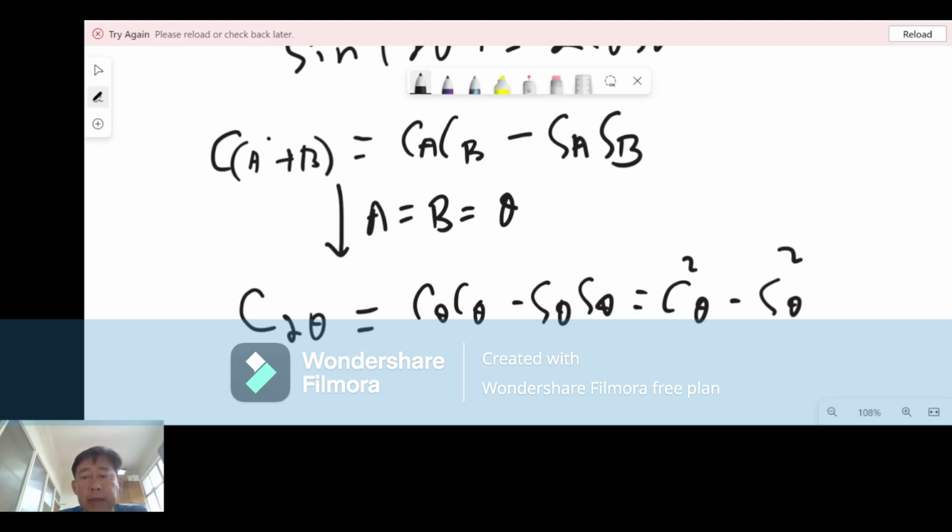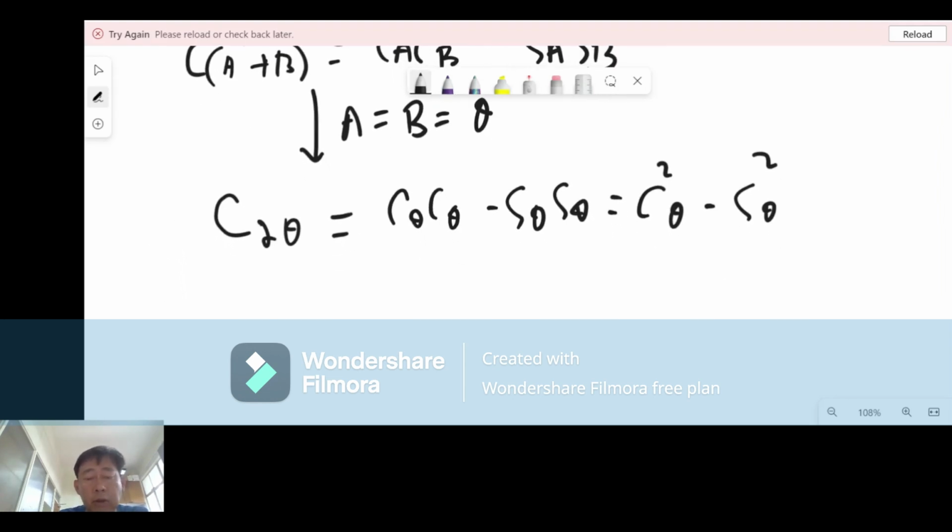There's one more thing I need to emphasize, which is not shown in the slide. That is, by using the identity that relates the square of cos and sine, that the square of cos and square of sine add up to be 1.